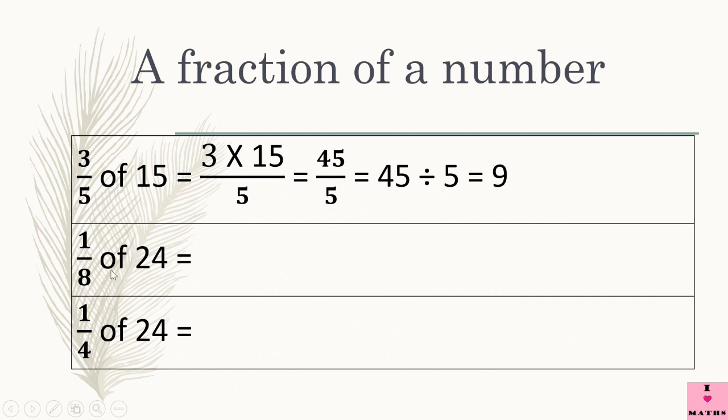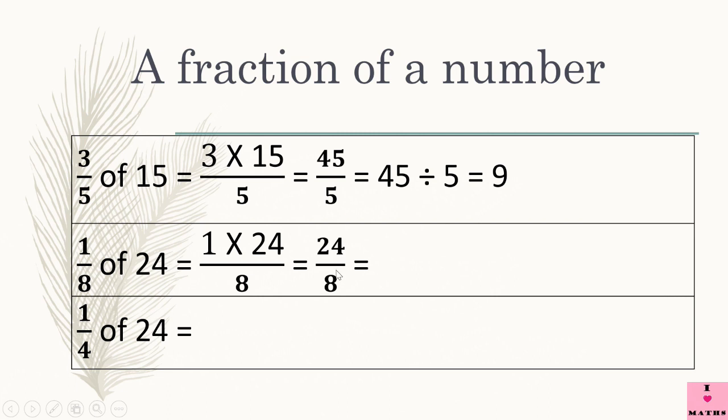1 upon 8 of 24 or 1/8 of 24 means 1 upon 8 multiplied by 24. 1 into 24 upon 8. Now this is equal to 24 upon 8 or 24 divided by 8, which gives us a quotient 3.